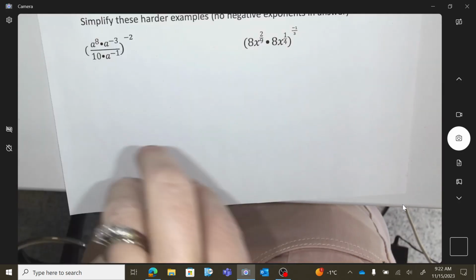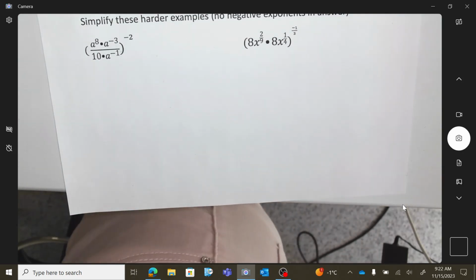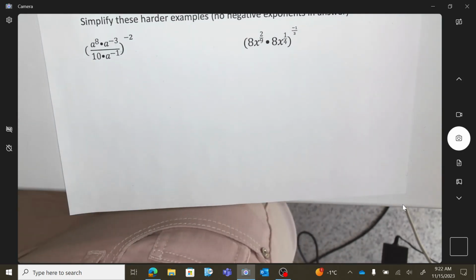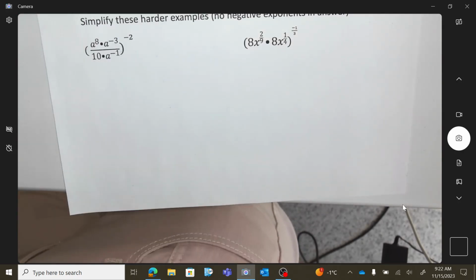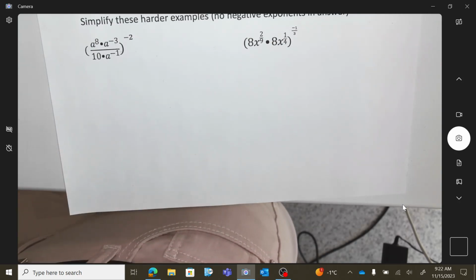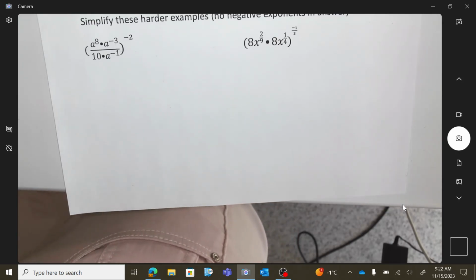So this one would be considered a little bit of a harder one. So there's a few things to do. We can work inside and then do the exponent if you want, or we could put the exponent in there now. It doesn't matter. You want to do the exponent first, is that what I said? Okay, so here we go.